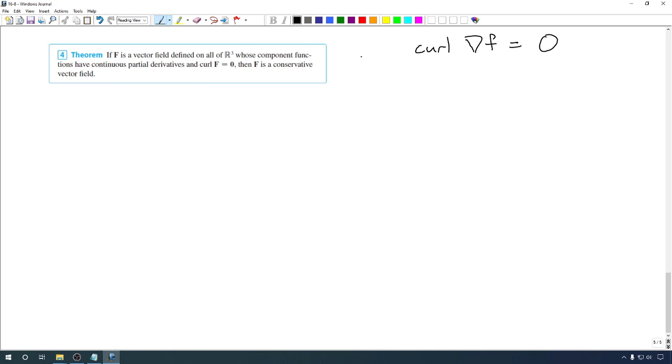So if F is given by the gradient of some potential function, its curl has to be equal to 0. And we mentioned here in this theorem that as long as we have the correct conditions on our domain, here they specify that it has to be all of R3. I did mention back then that we can actually generalize that a little bit more, though we don't really want to get too into that.